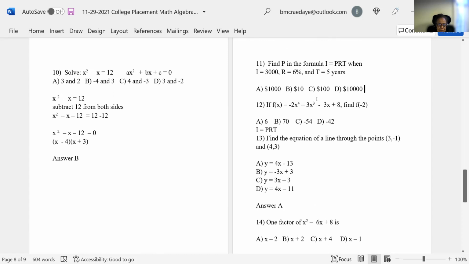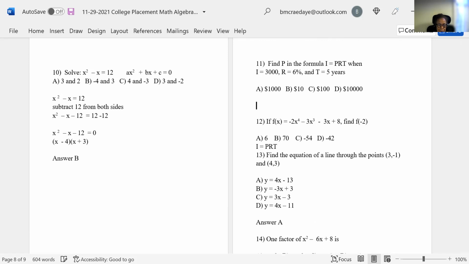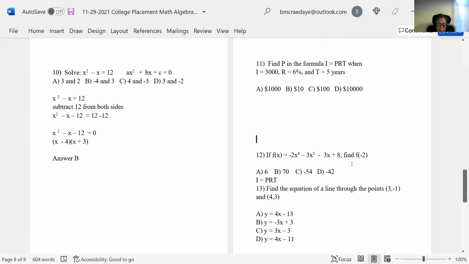We're doing number 11, but let me put the formula here: I equals PRT.